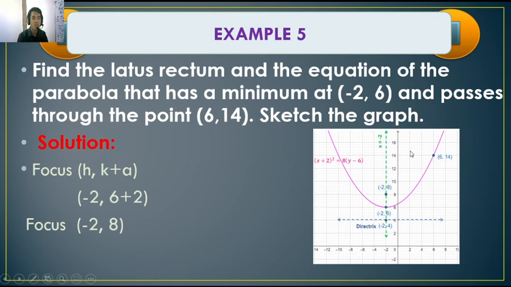So we have now the minimum, and it passes through the point (6, 14), and the minimum will be our vertex, and that is (-2, 6). And then the green one will be our axis of symmetry that passes through the focus and the vertex.